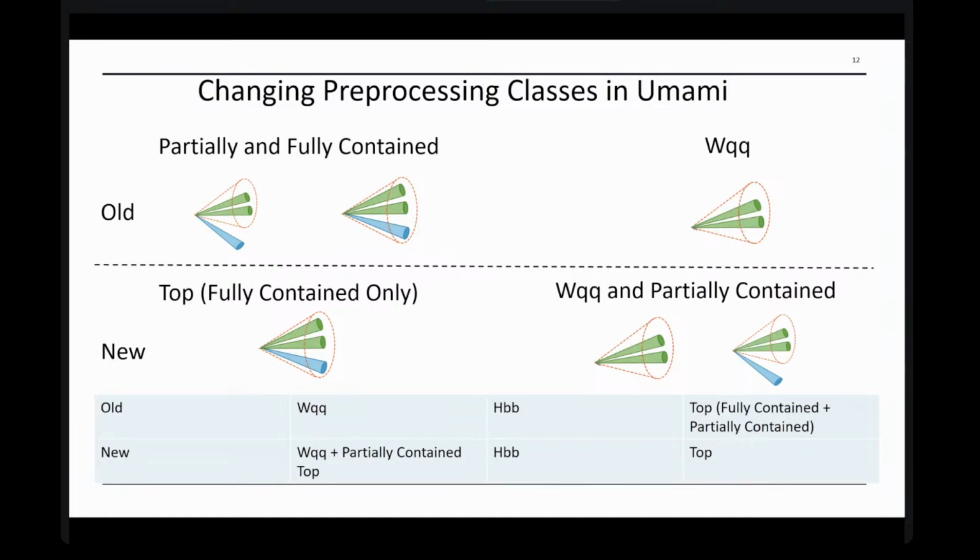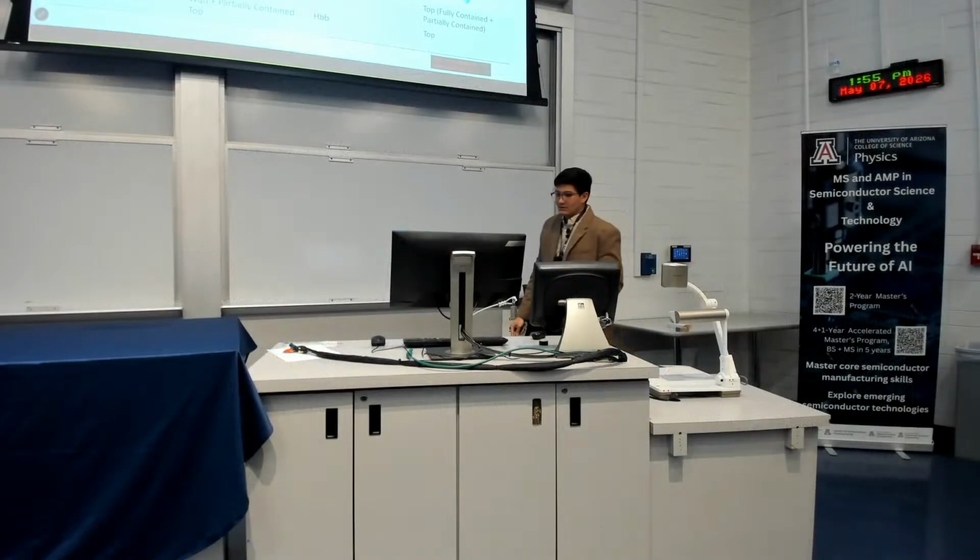We're going to change the classes in our pre-processing software. Instead of the partially and fully contained top quark cases all together in this top class, we're going to take away the partial and give it to WQQ. This is now going to be its own separate class, and the fully contained top quark is going to live by itself. It's a happy arrangement.